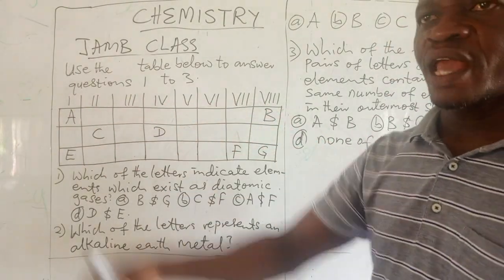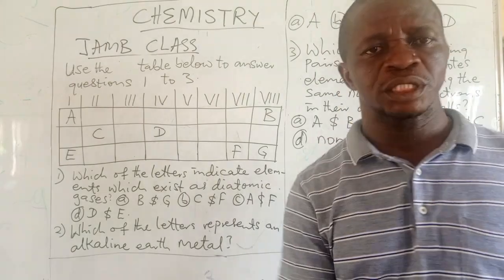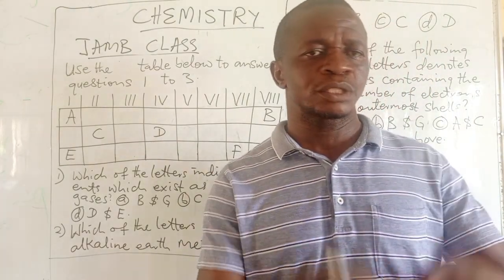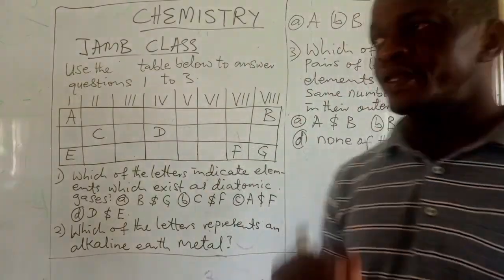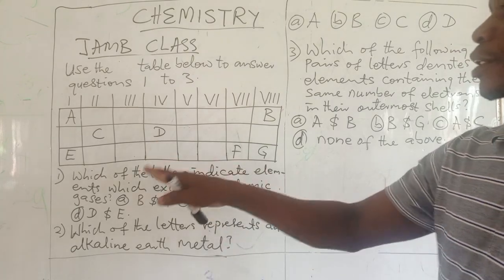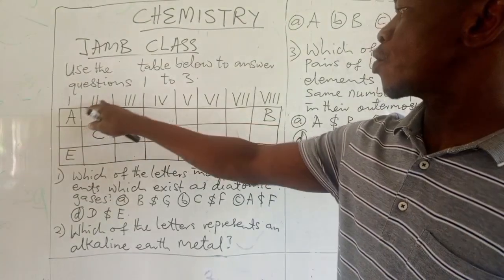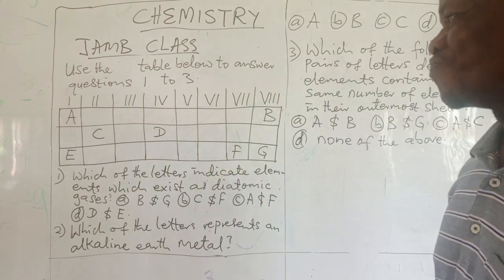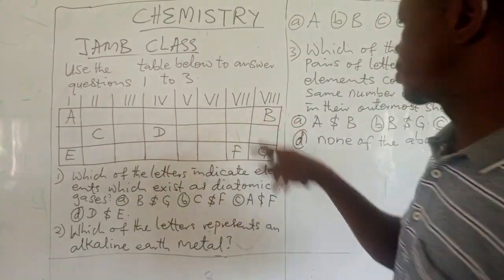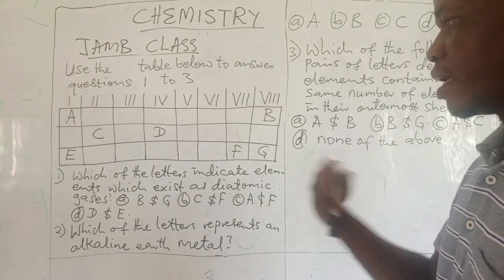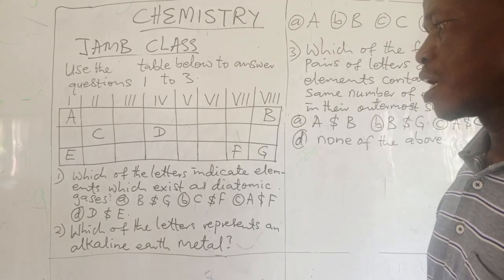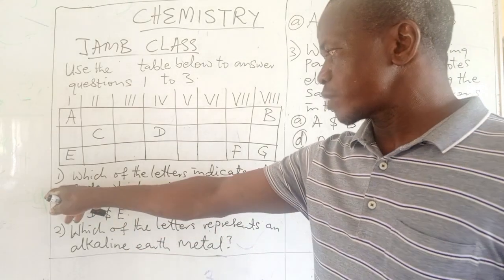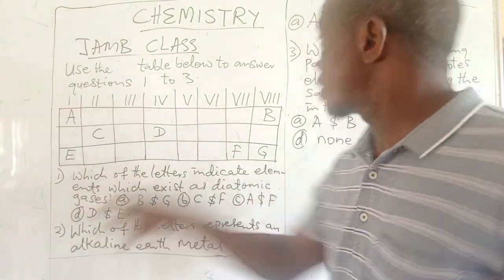This is an extracted periodic table, just in a very small form. You have group 1, group 2, group 3, group 4, group 5, group 6, 7, and 8. These letters represent elements. Now, they said you should use it and answer these questions.